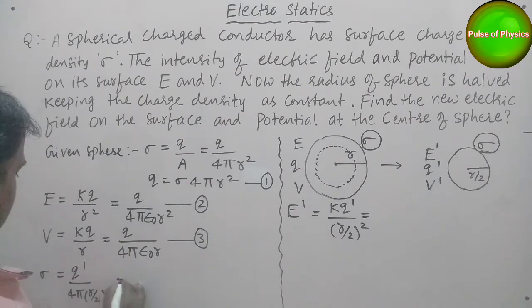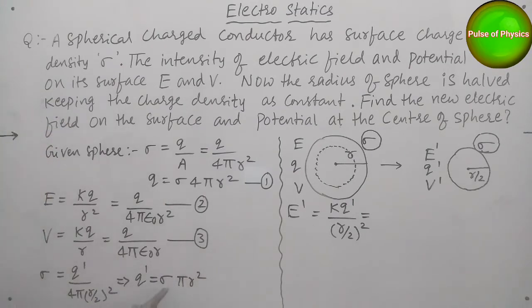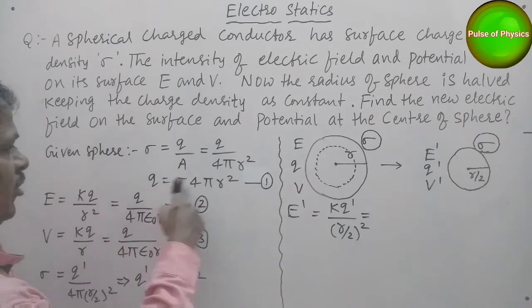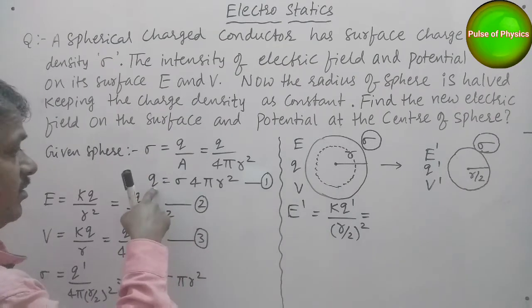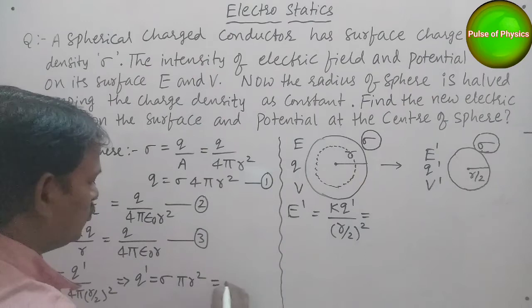So what happens here? The r square by 4 gets cancelled. In the next step, q dash is equal to sigma into pi r square. This is nothing but one-fourth of the given sphere's charge, that is q by 4.